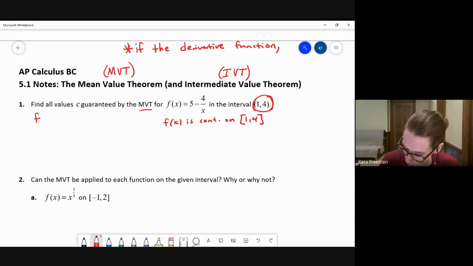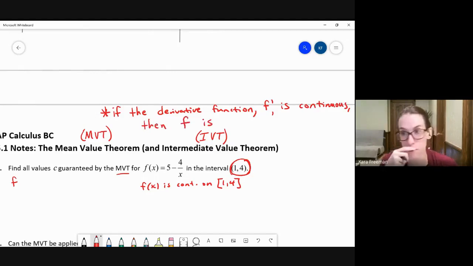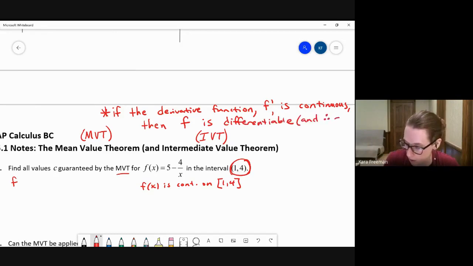If the derivative function f prime is continuous, then what do we know about the function? It's differentiable, which is also continuous. So if f prime is continuous, then f is differentiable and therefore also continuous. That's an important concept.